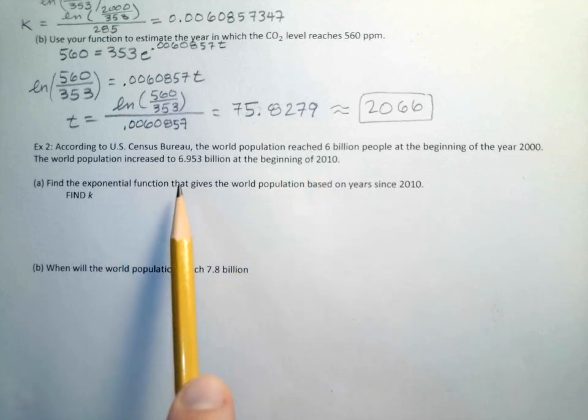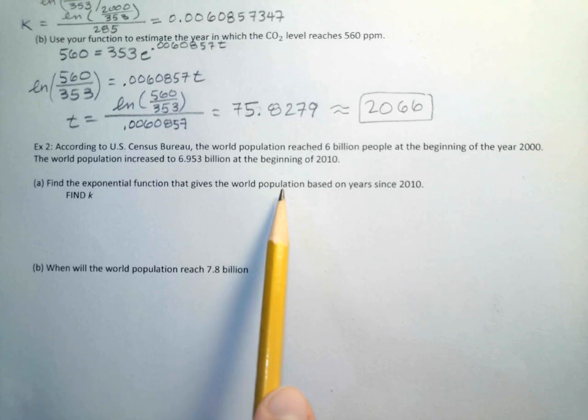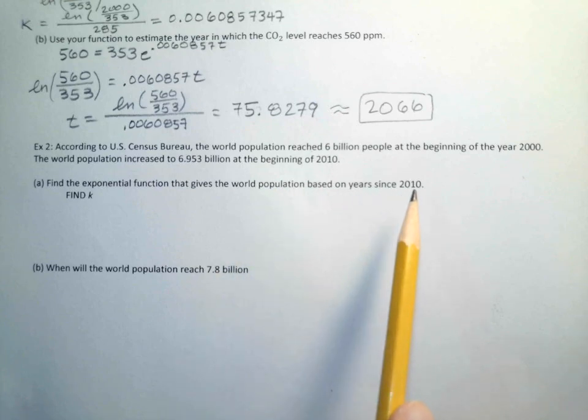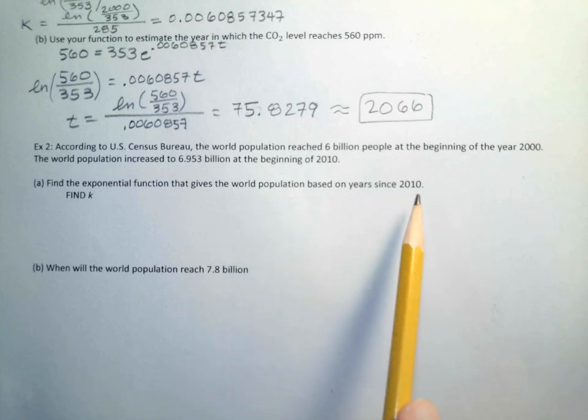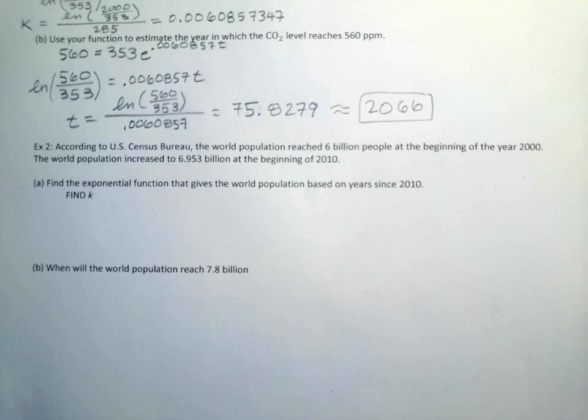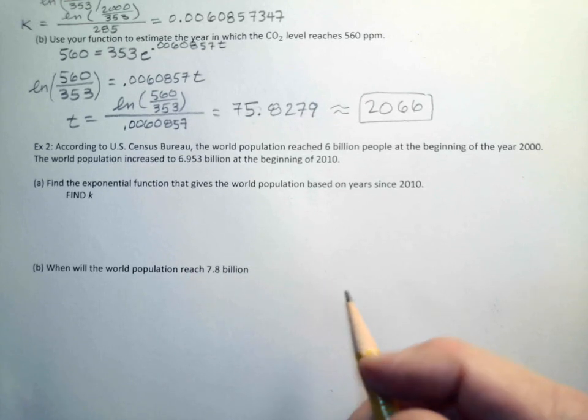Find the exponential function that gives the world population based on years since 2010. I'll let you pause the video, and then it'll give you a time to write that.